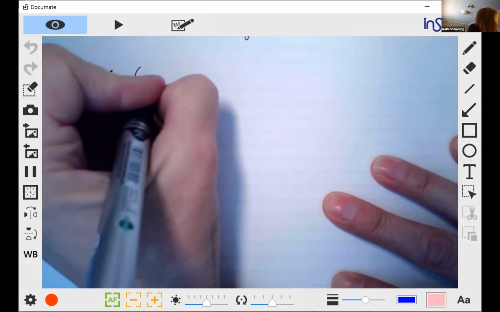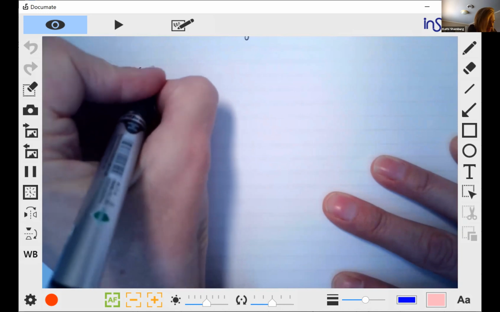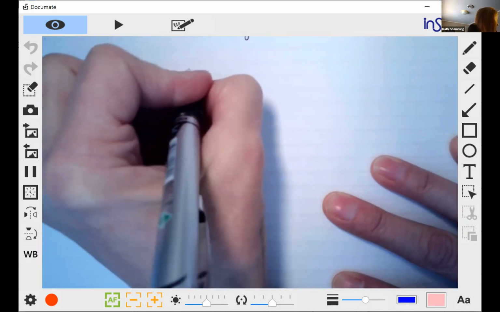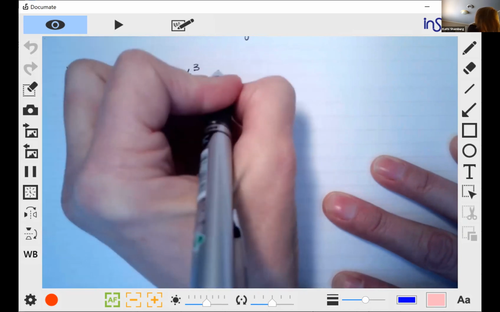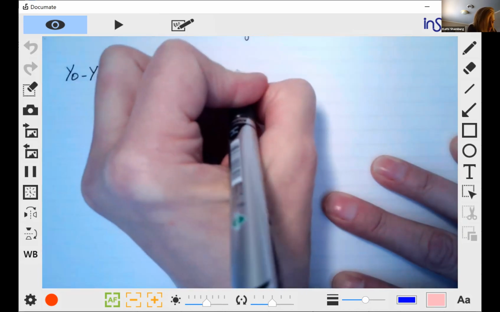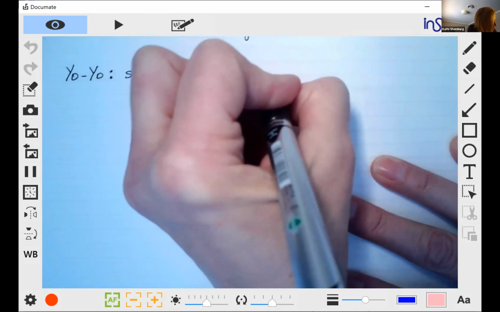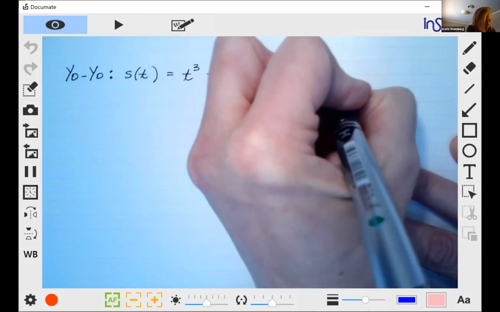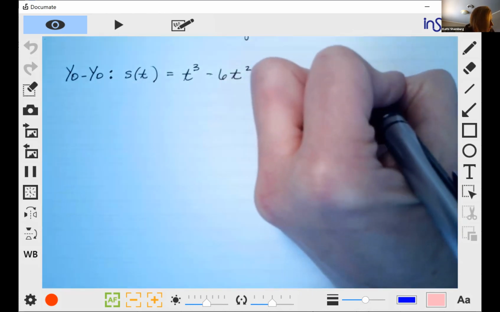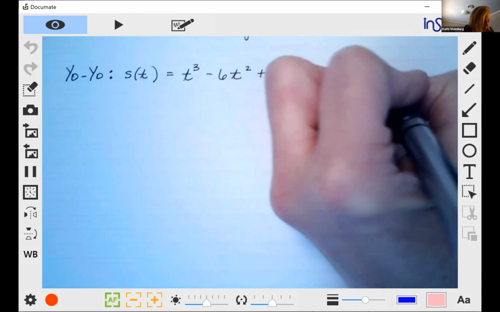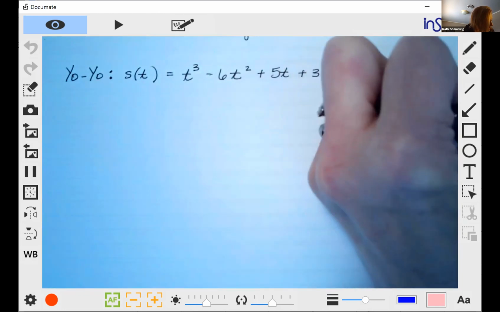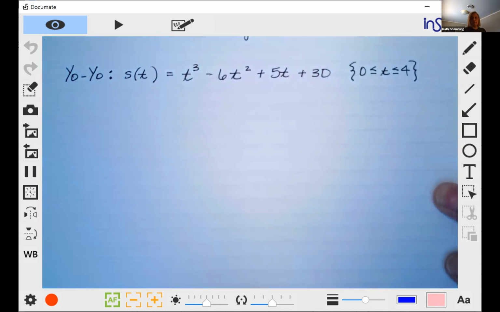Its function is given to us as s of t is equal to t cubed minus 6t squared plus 5t plus 30. And the domain is from 0 seconds to 4 seconds.